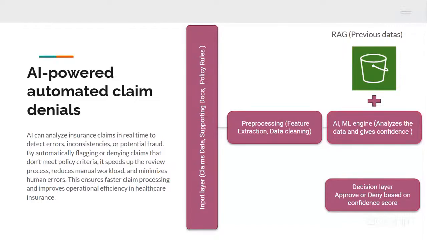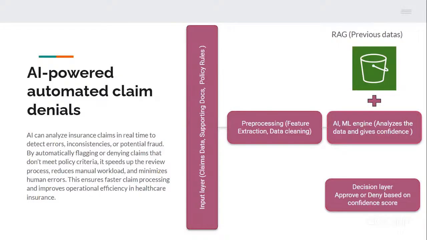It takes a minimum of 15, 20 days for you to get it. So consider an AI model sitting there doing all the background checks. It checks all your medical history, whether any fraud is happening in the back end, and it speeds up the review process completely.